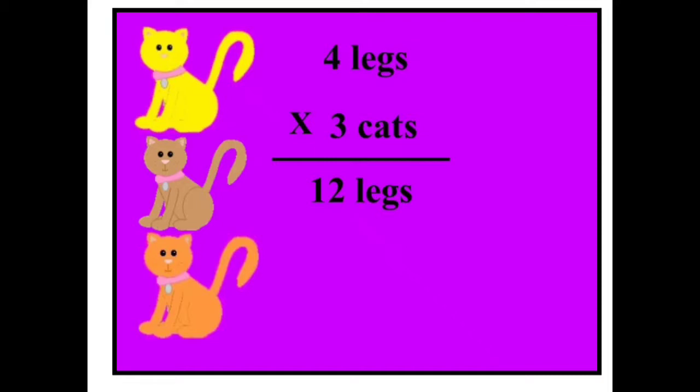So now you can see here in both the conditions, if we add 4 plus 4 plus 4 it is equal to 12, and if we multiply 4 into 3, it is also 12. It means in both conditions we have the same answer. So in short, we can say that multiplication is repeated addition.